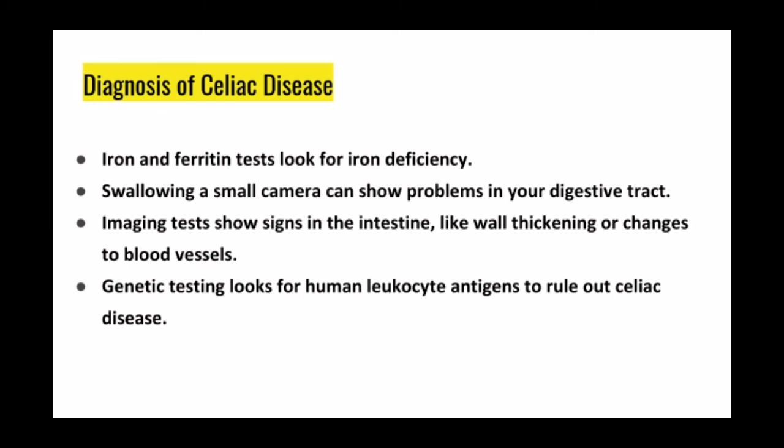There is also a test in which the patient swallows a small camera, which helps us to get images of our digestive tract, whether the intestine is damaged, what is the thickening of the wall layer, and if there is any change in blood vessels. So these imaging tests help us to clearly identify any kind of disorder in our digestive tract. Genetic testing helps us to look for human leukocyte antigens, which are mainly responsible for celiac disease.